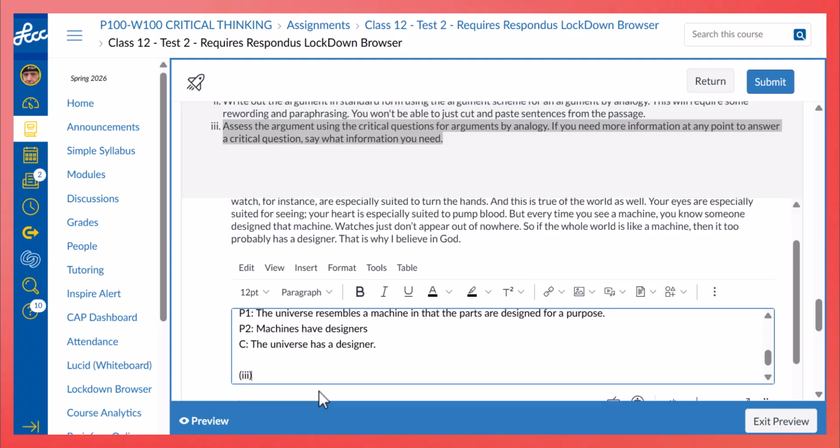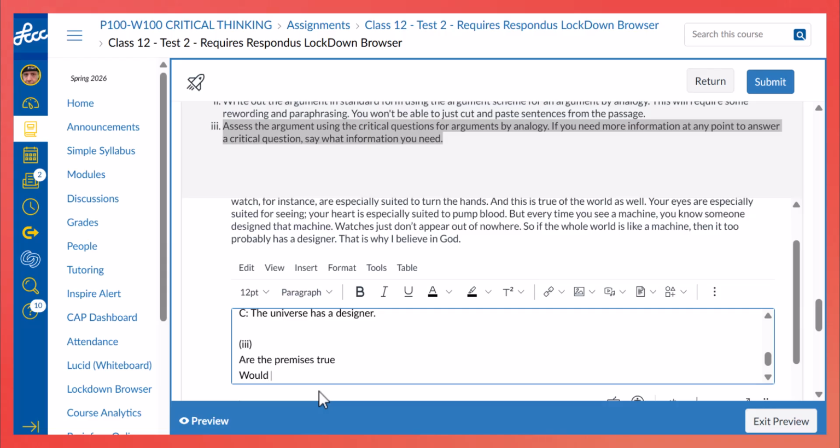In general, we have three questions. Are the premises true? Would the premises support the conclusion? And is there any missing information?